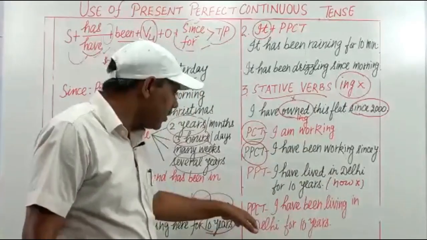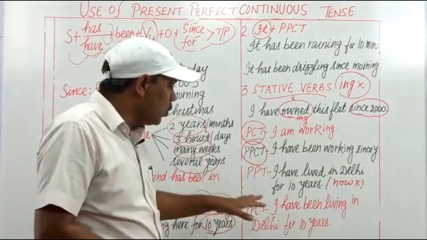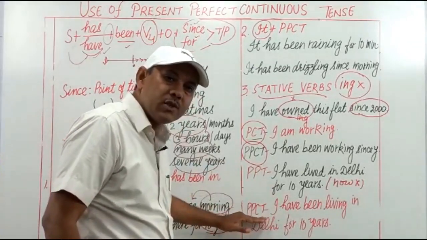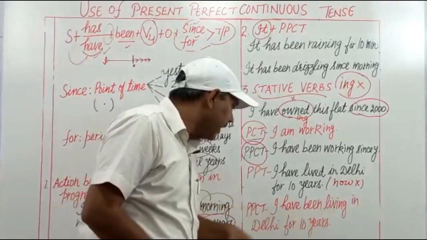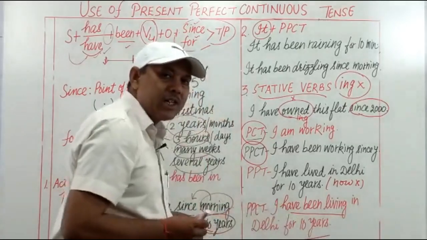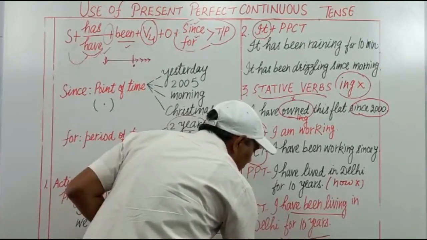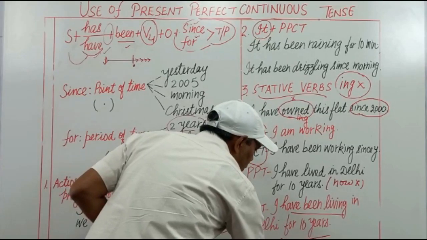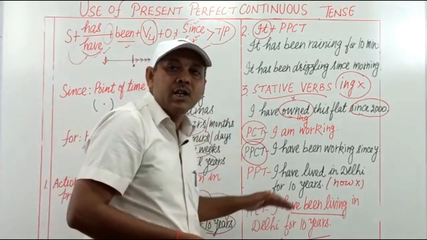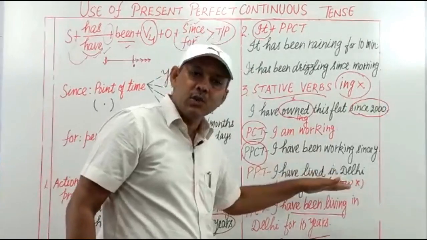But in case of present perfect continuous tense, let us take one more example to understand the difference. I have been living in Delhi for 10 years. What does it mean? It means अभी 2020 है तो मैं 2011 से 2020 तक दिल्ली में रहा हूं और अब भी रहने का काम स्टिल प्रोग्रेस में है, स्टिल कंटिन्यूएशन में है.